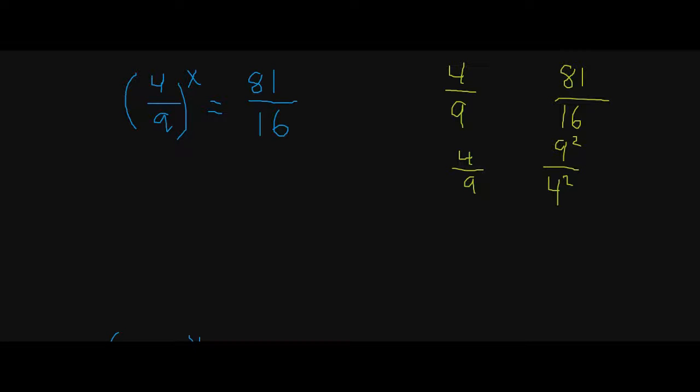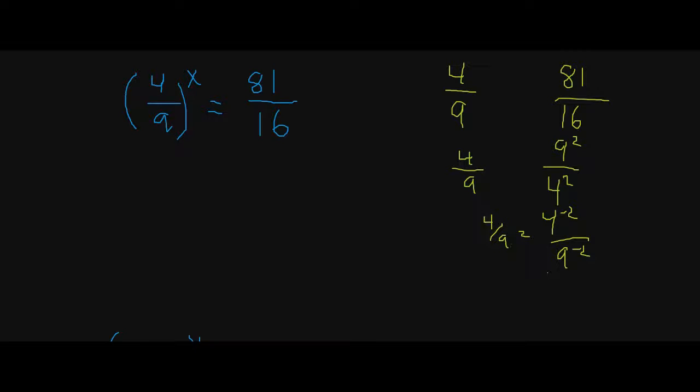All right. Now all I need to do is, I know I have 4 over 9. I have 9 over 4. All right. And I need to flip them, right? So we're going to get 4 over 9 is equal to 4 raised to the negative 2 divided by 9 raised to the negative 2. So you can see now I have pretty close to at least these numbers being a 4 on top, a 4 on top, a 9 on the bottom, a 9 on the bottom.